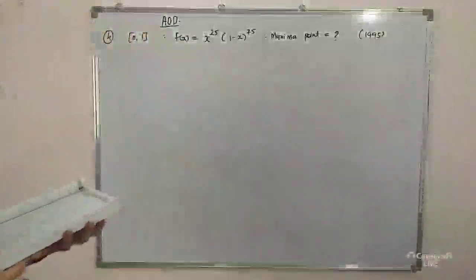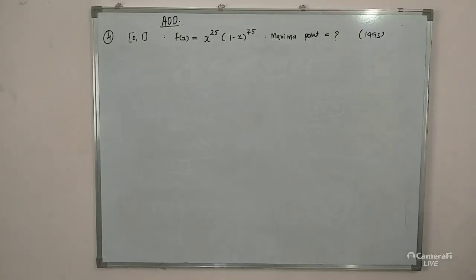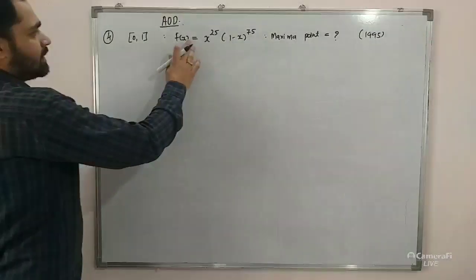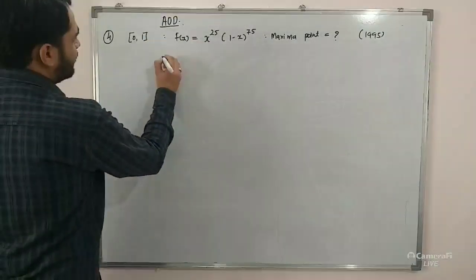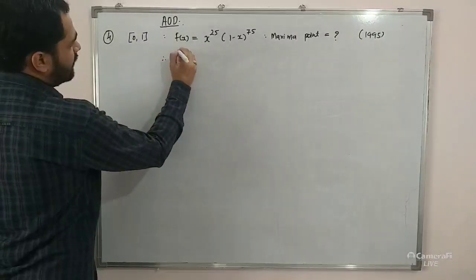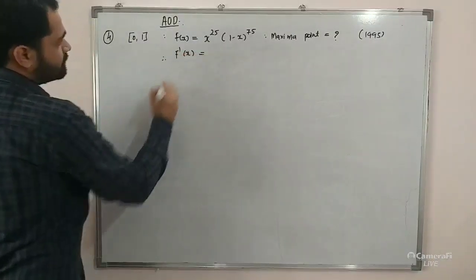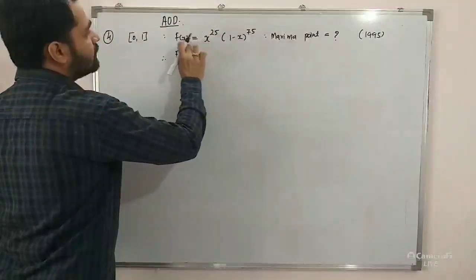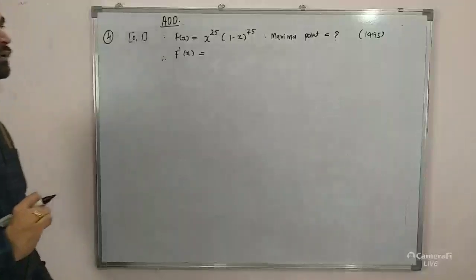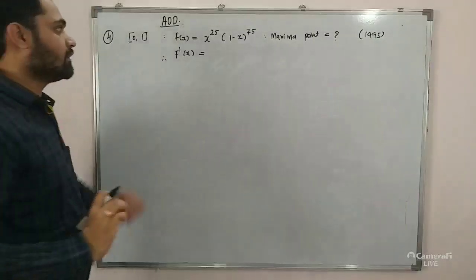Okay, so a very easy question, right? You can also check it from the options, and options are given, but we are going to use the method of this. So f dash of x is equal to, because this question can also be asked as a numerical type question. So we are going to solve these questions by the method, right?